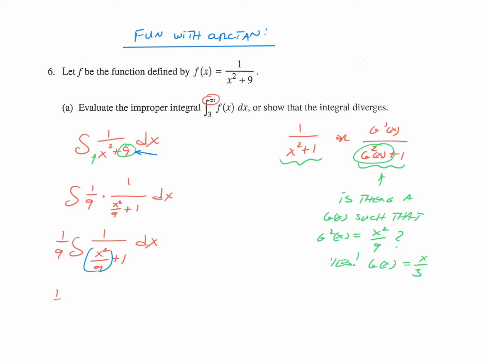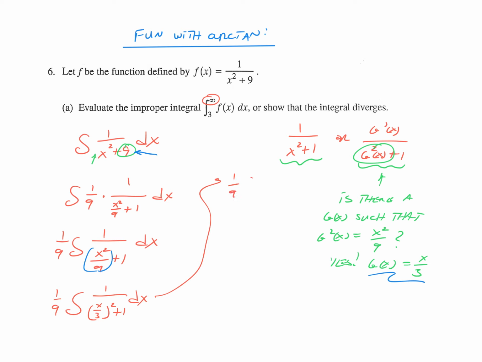Then this integral becomes 1/9 times the integral of 1 over x over 3 quantity squared plus 1 dx. Leading me to the u substitution, which is really taking the answer to that question and going for it.